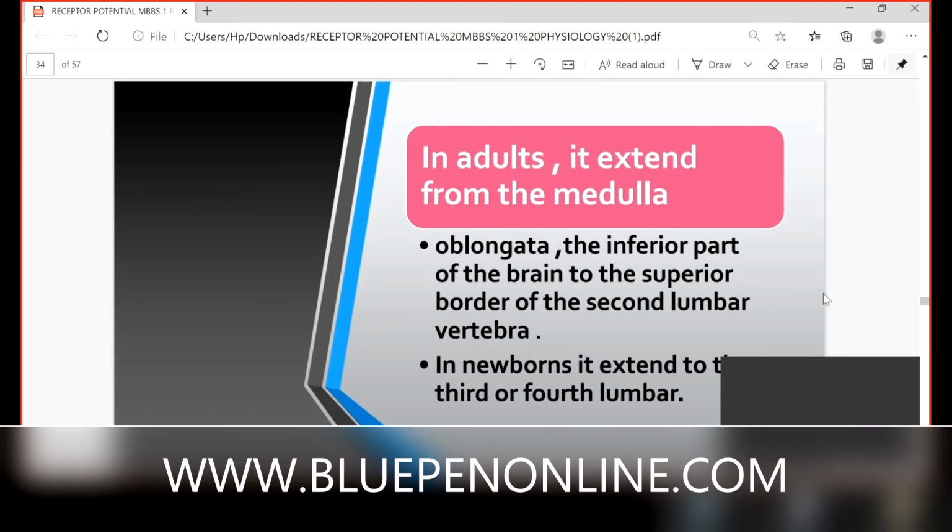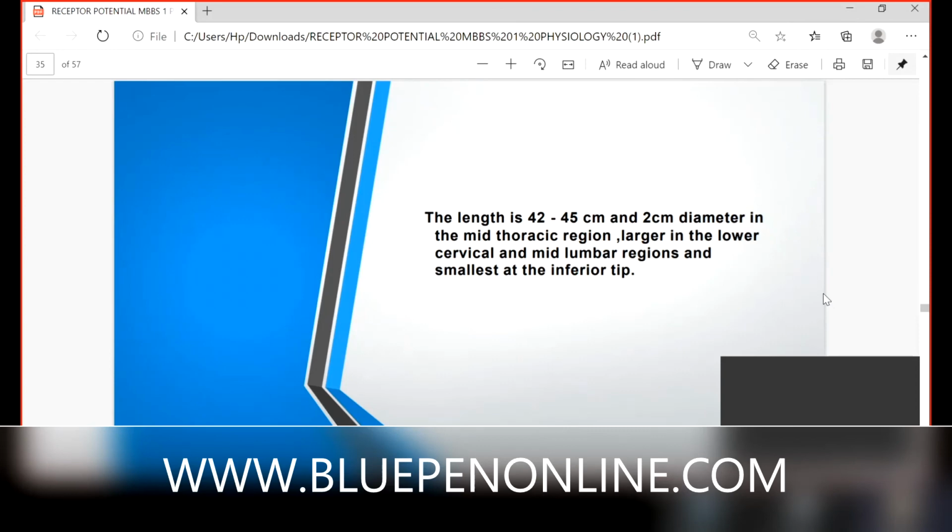Now, the length of the spinal cord is about 42 to 45 centimeters and 2 centimeters in diameter. This 2 centimeter diameter, the normal one, is mainly seen in the mid-thoracic region.